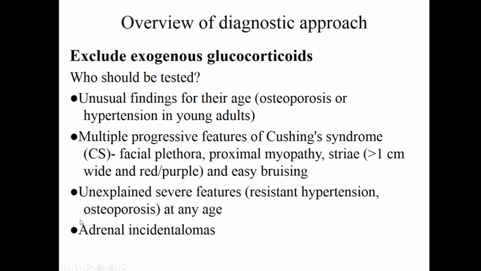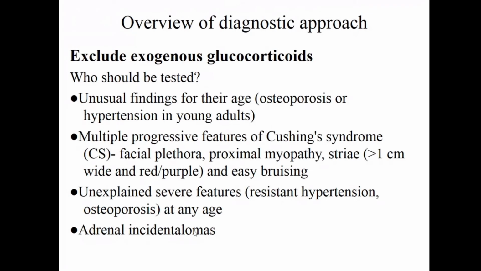Okay, so adrenal incidentalomas. For example, a person is being evaluated for a renal stone or cholelithiasis by ultrasound or CT scan for some reason, and they find a tumor in the adrenal gland.